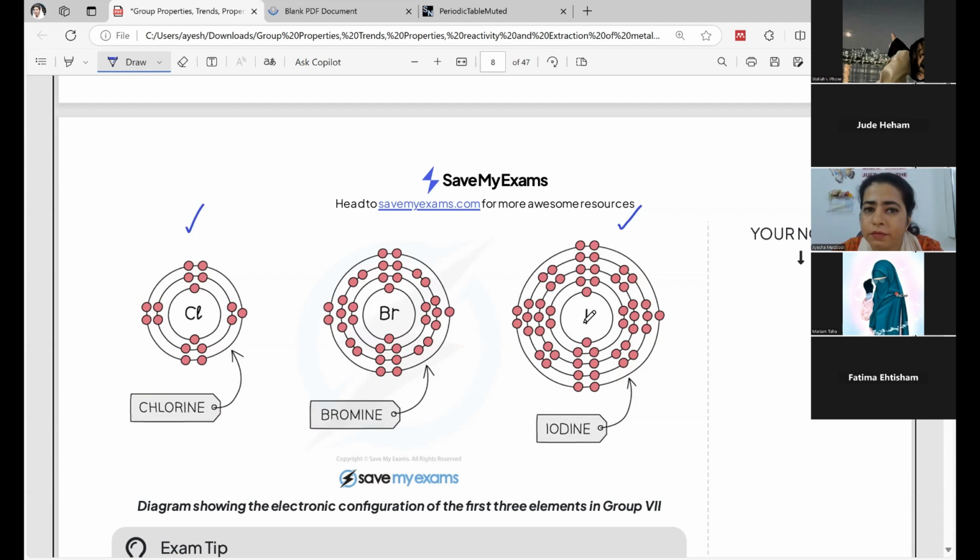For metals, when the electron is away from the nucleus, it's easier to lose because there isn't so much attraction between the protons and electrons. But here they want to gain the electron. So higher up, the shells are fewer, for example the second shell, so it's closer to the nucleus, so the electron and the protons will attract each other. That's right.